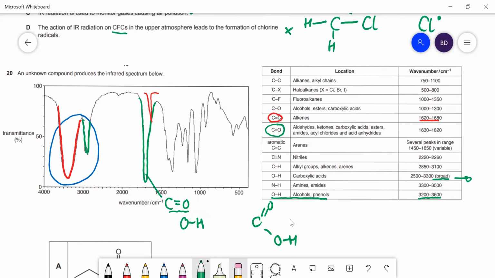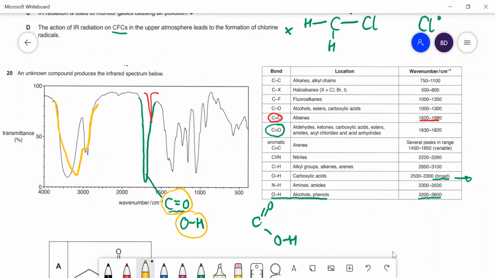It gets so pushed to the right that it swallows up the CH, and that's quite an easy way to see it. So if you ever see a peak like this, very broad, like that yellow one, that's a carboxylic acid, and we haven't got one of those where it's swallowed up the CH peak. So we've definitely got this and this.